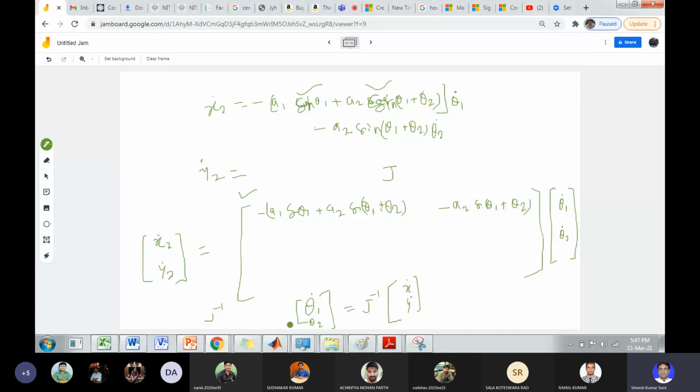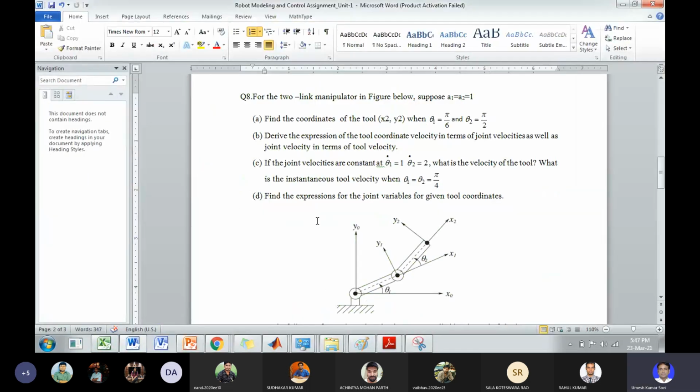Okay, so the third part is: if the joint velocities are constant at theta 1 dot equal to 1 and theta 2 dot equal to 2, then what is the velocity of the tool?